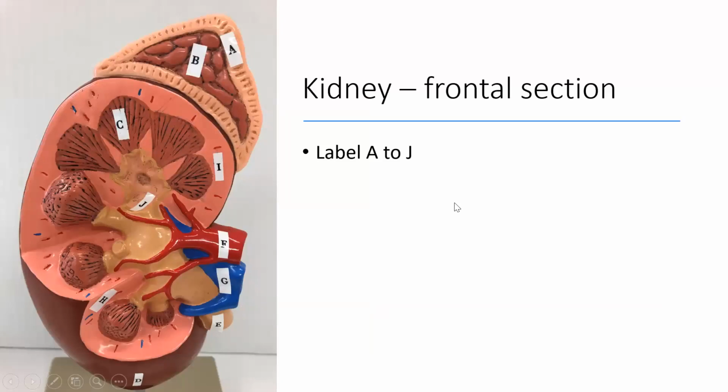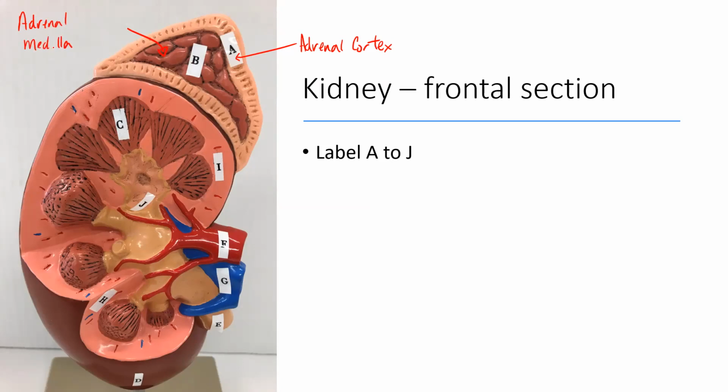Anyway, here we go. On the kidney, this is a frontal section of the kidney, and let's label all these things. A over here is going to be the adrenal cortex. The adrenal gland is like a little hat that sits on top of your kidney, and the outside is adrenal cortex, while the inside is adrenal medulla.